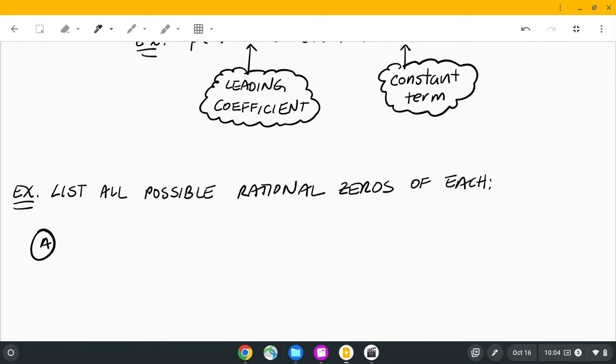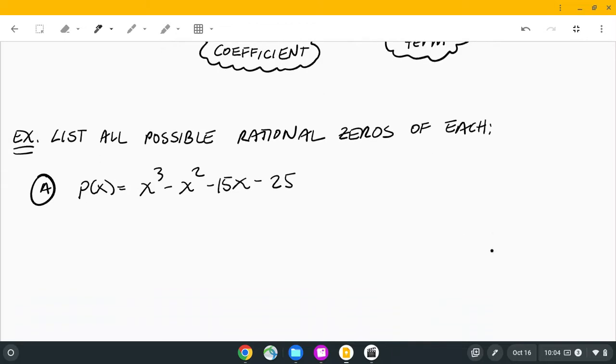Suppose that I have this polynomial, x cubed minus x squared minus 15x minus 25. My constant term is negative 25, and this here is p. And this invisible 1 is your q.